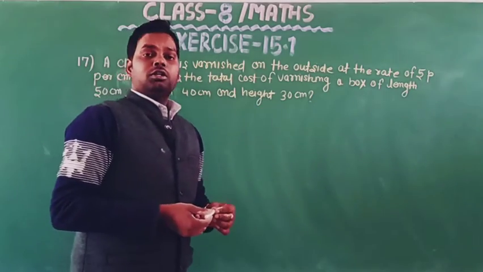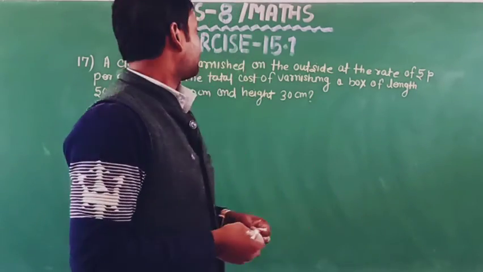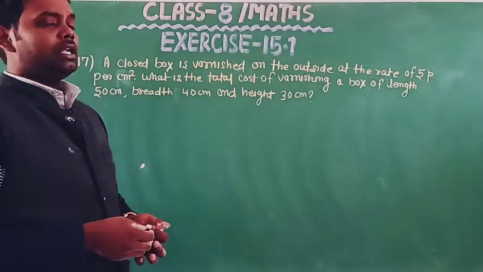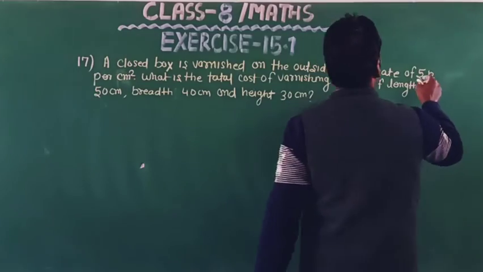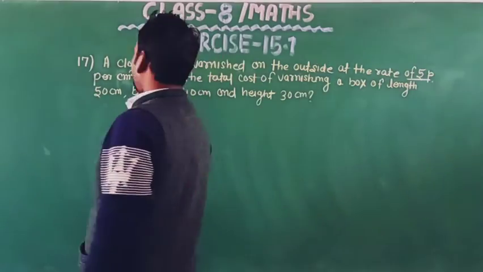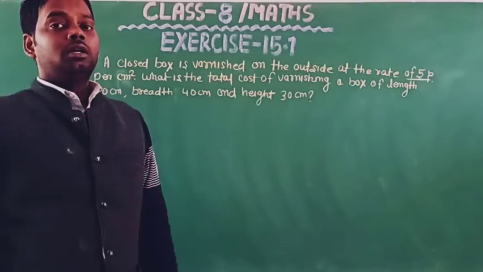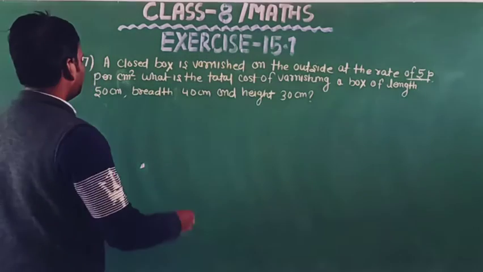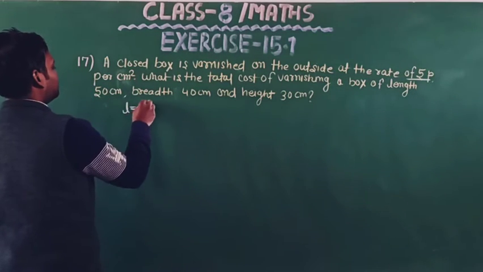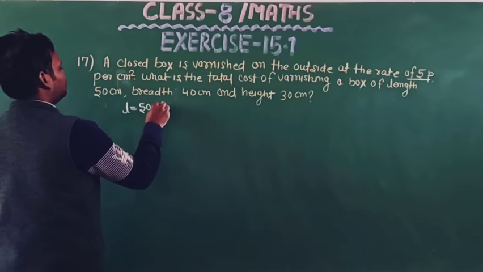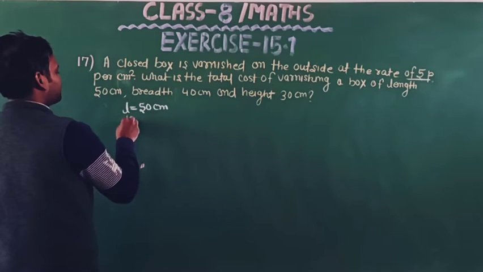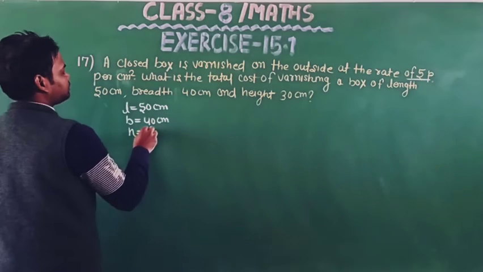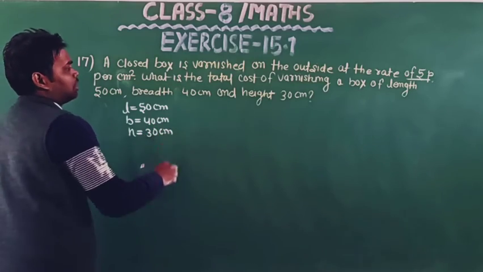Okay, so the dimensions of the closed box are given: length equals 50 cm, breadth equals 40 cm, height equals 30 cm.